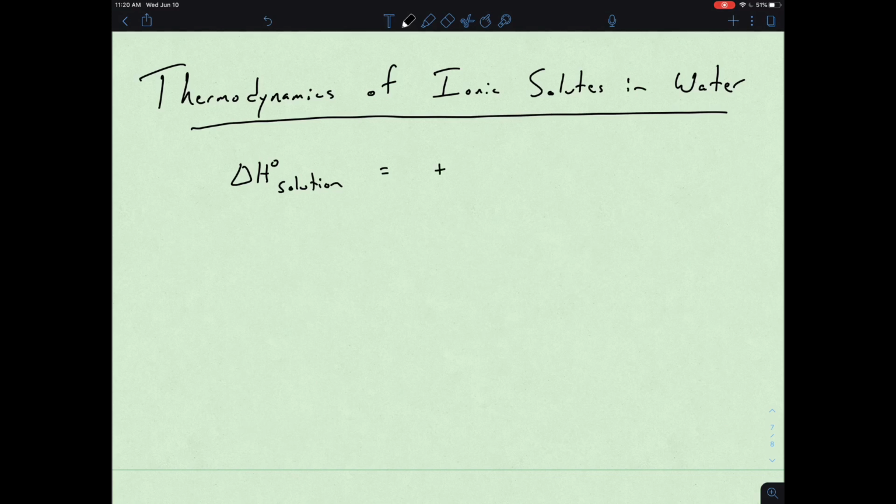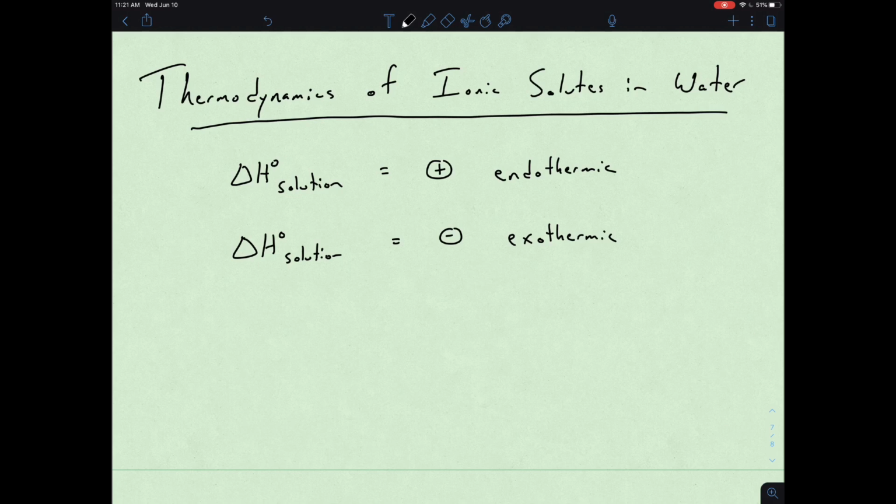And our enthalpy of solution can be positive, something that's endothermic and takes heat for the solution to be created. Or we could have our enthalpy of solution be negative, and then this would be something that would give off heat or be exothermic.